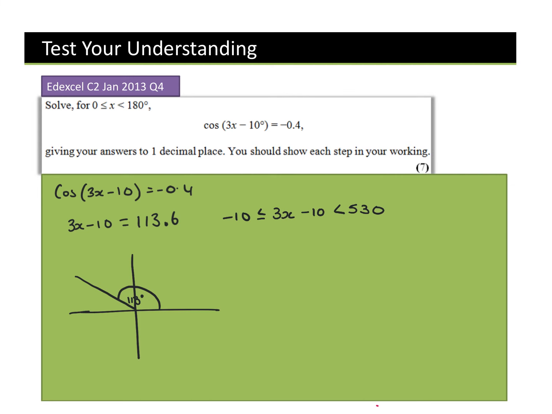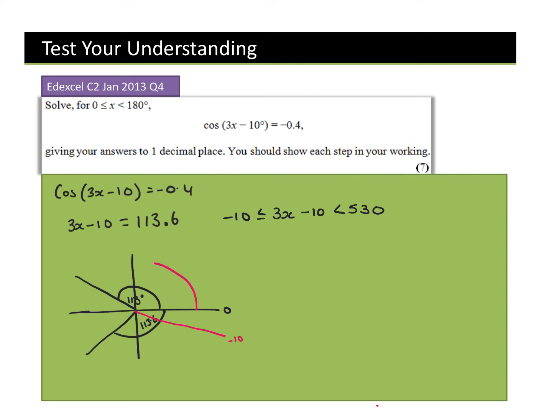So, that means this is 113.6. So, now we're ready. This is 0, and we're going to go all the way around. Now, remember, where are we starting from? Minus 10, so it's just good habit. This is minus 10 here. Now, luckily it doesn't intersect anything, so we don't have to worry, okay? But always just double check. You don't have to draw it like I did, but just double check.